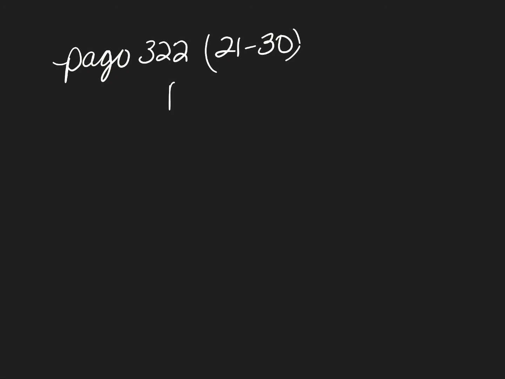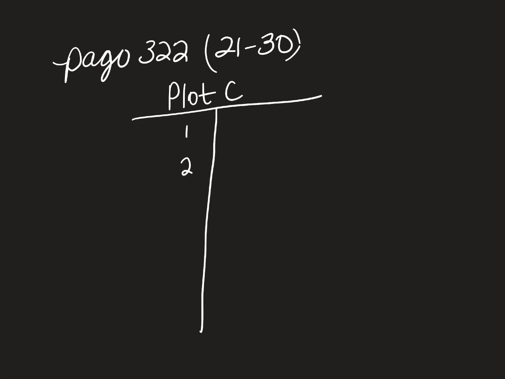So, I'm going to draw this plot here. We're going to talk about it. So, we have 1, 2, 3, 4, 5, and 6. All right, so we have 3, 7, and 9. We have none.